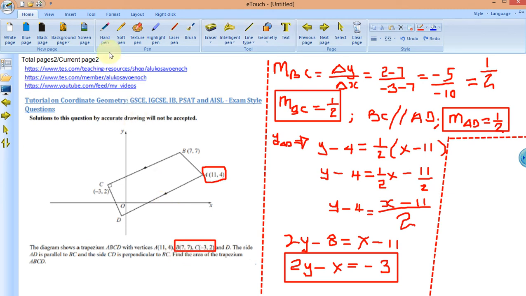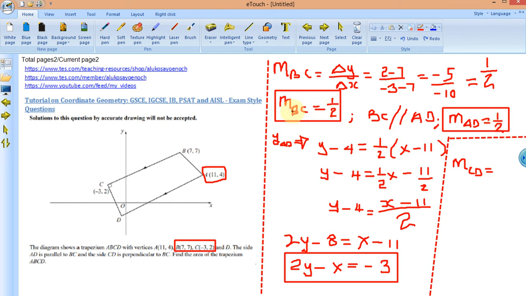If two lines are perpendicular to each other, then the product of their gradients should give you minus 1. The gradient of line CD, which is perpendicular to BC, will be the negative reciprocal of the gradient of BC.